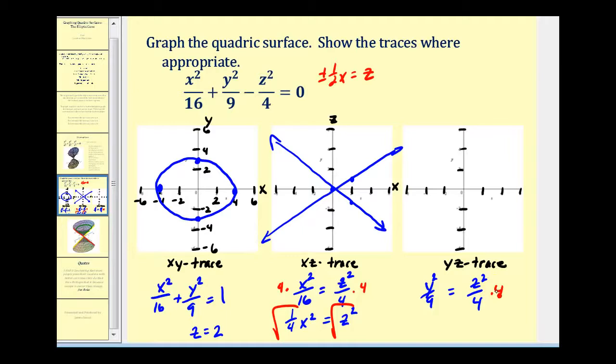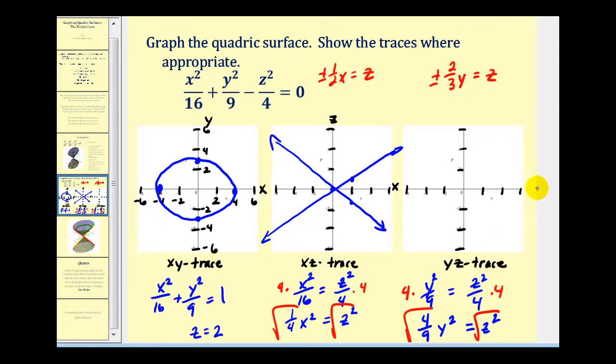Multiply both sides by 4. We'll have z squared equals 4/9 y squared. Again, we'll take the square root of both sides of the equation. Let's go ahead and finish this up on top. We're going to have plus or minus 2/3 y is equal to z.